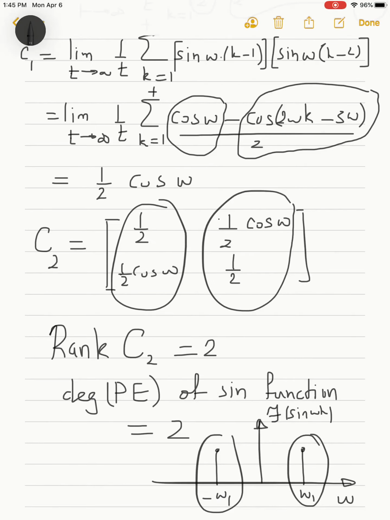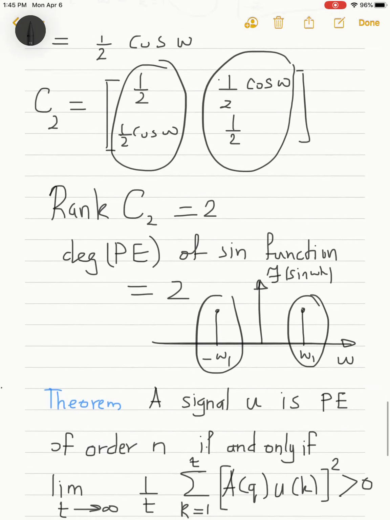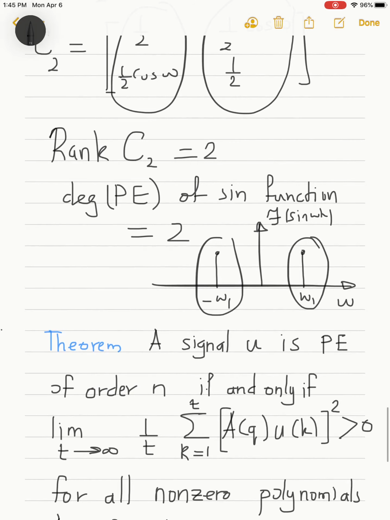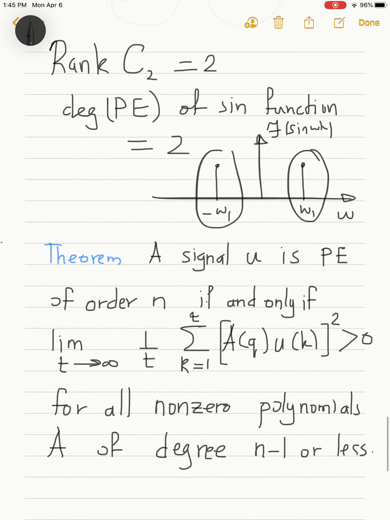Instead of calculating the empirical covariance matrix, there is an equivalent theorem that enables us to check the persistent excitation degree of a given signal u.